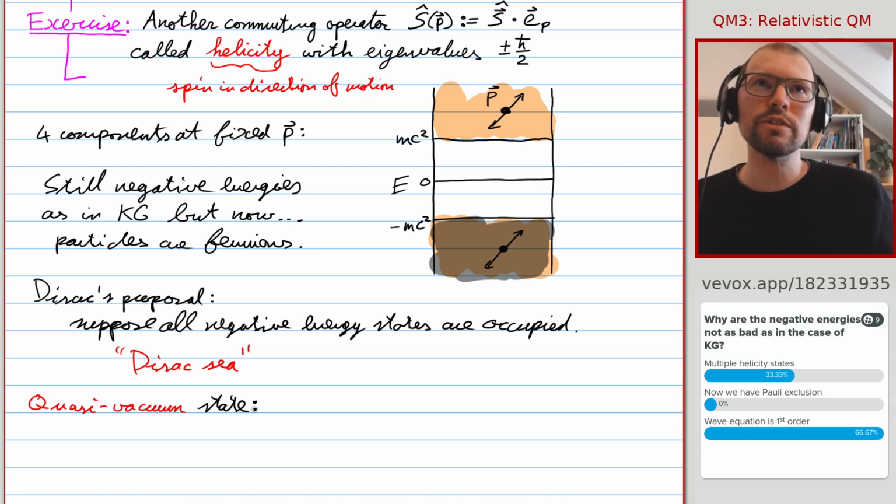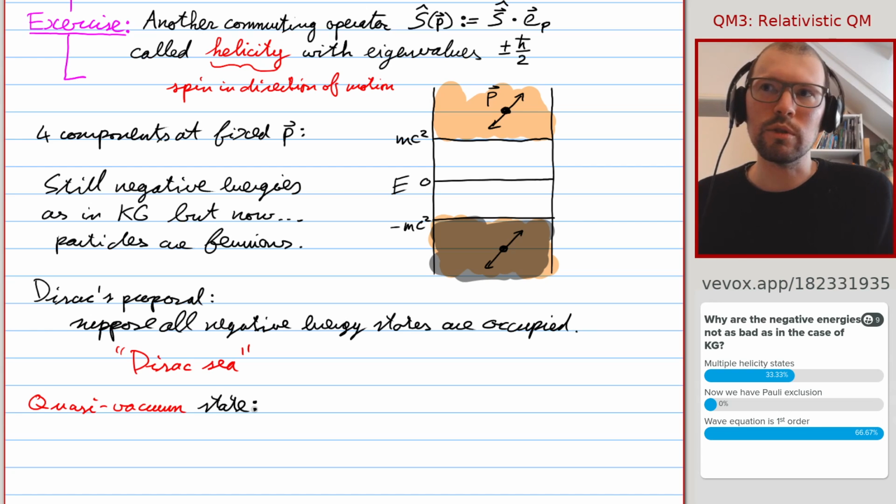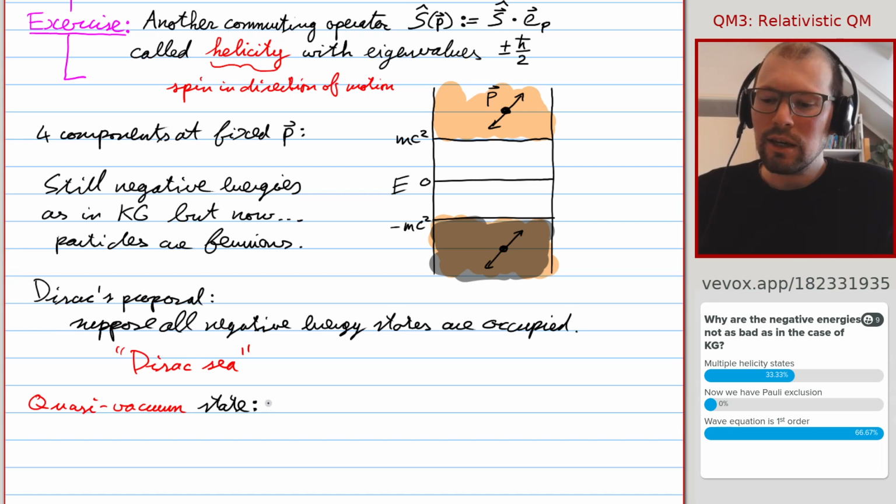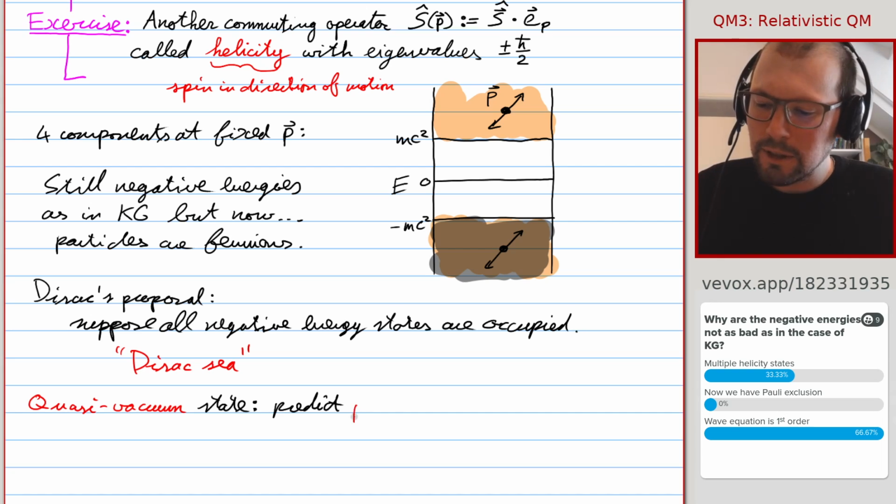But there is one consequence of this that you've also seen before: in this quasi-vacuum state there are some new excitations that you would not expect in an ordinary vacuum, and that is that we can have particle-hole excitations.